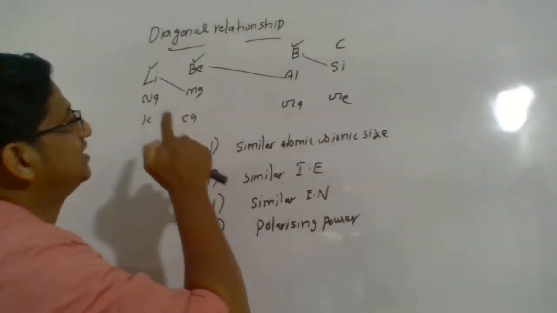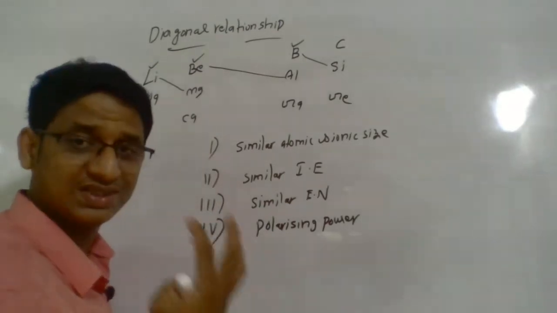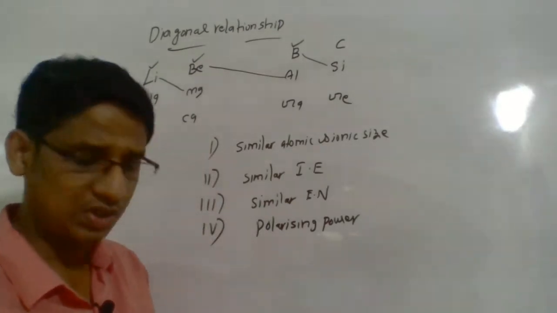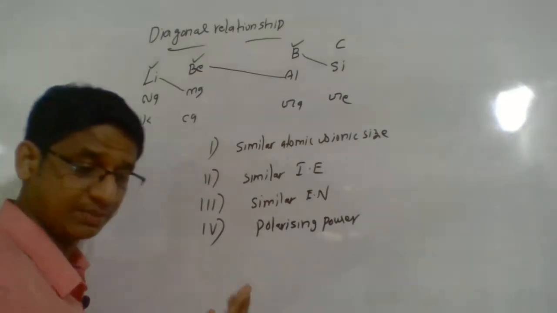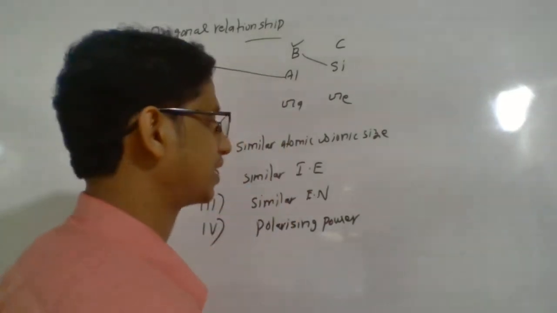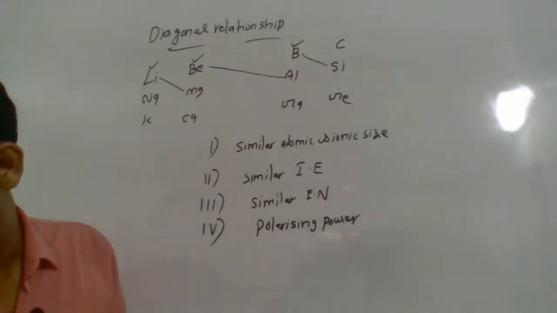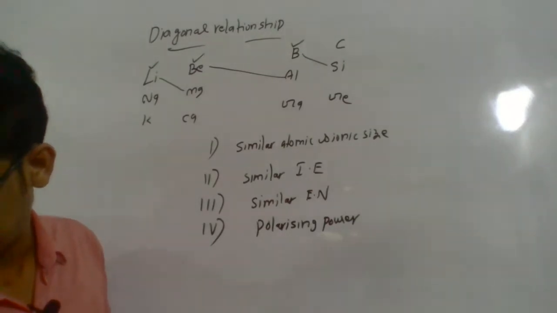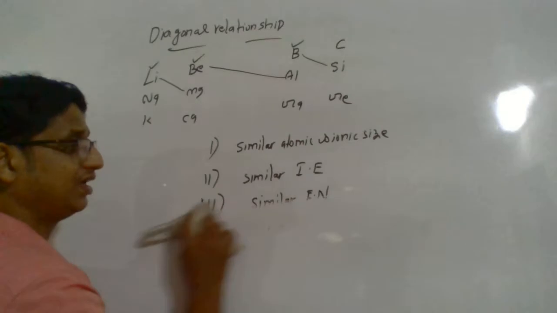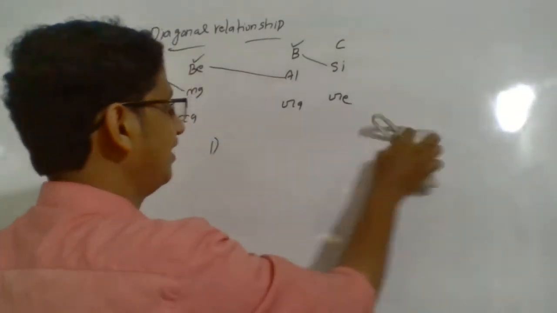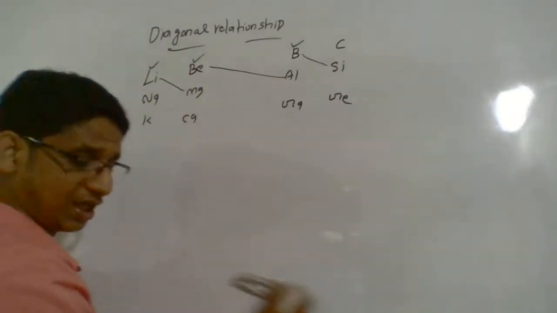Polarizing power is always for the cation. So the cations have a similar polarizing power. These are the main important similarities between these two. That's why they have the diagonal relationship, so similarity in chemical property.